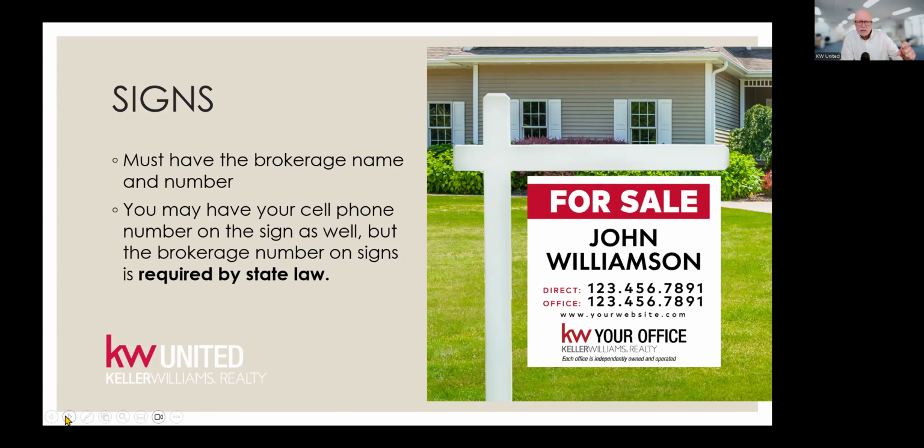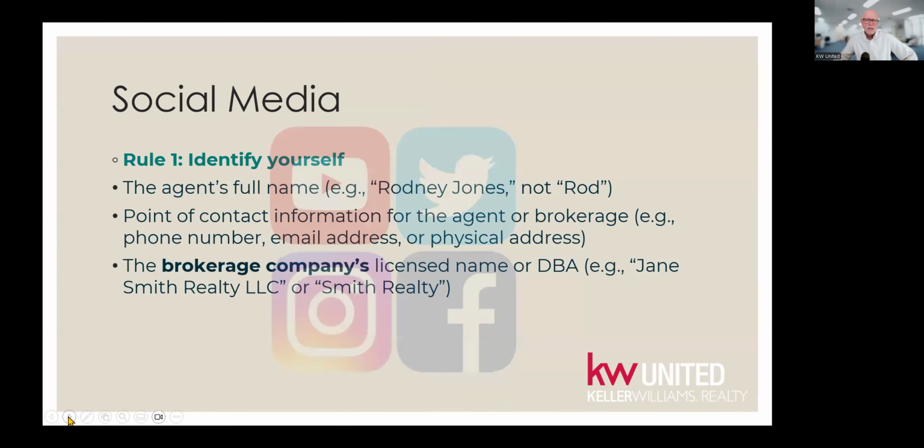You can't put the logo of the company down in the lower left-hand corner where it's barely noticeable. They have to be able to say, "Oh, it's KW United," and there's their phone number. They don't have to take the sign off and get a microscope to look at it. So you can have your own personal information on there, but you do have to have the brokerage information on your signs.